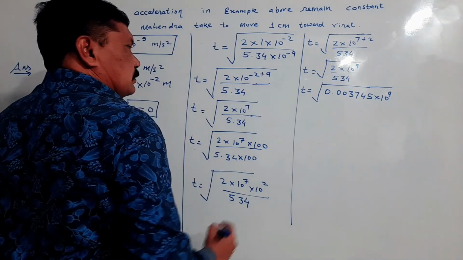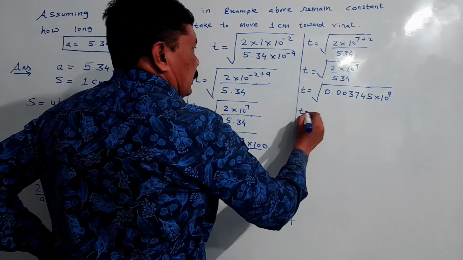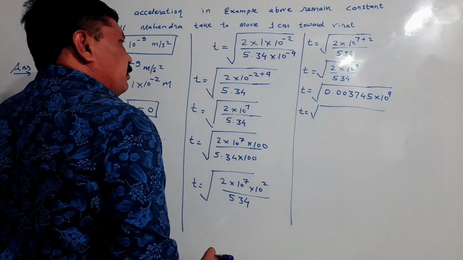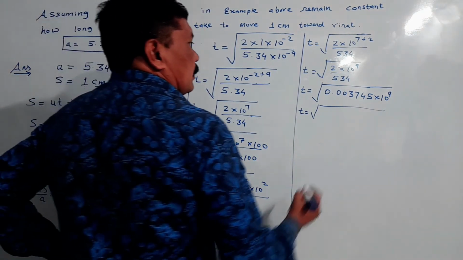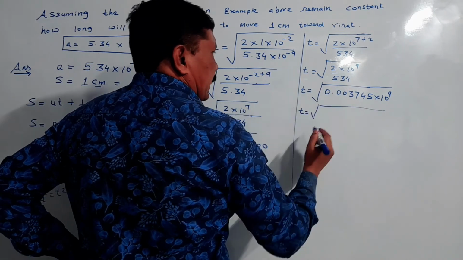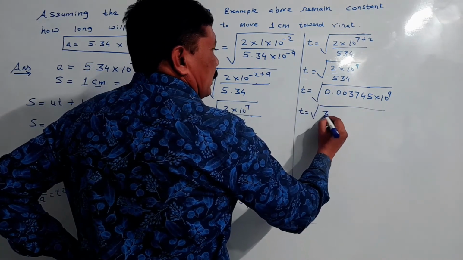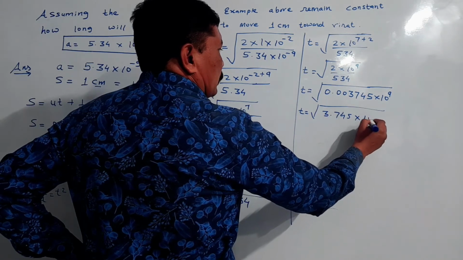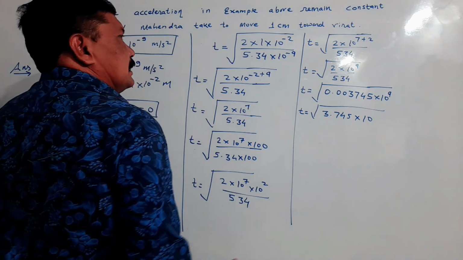Now my dear student, t is equal to under root. Now if we take the point 1, 2, 3 digits ahead, so we can write 3.745 into 10 to the power 6.